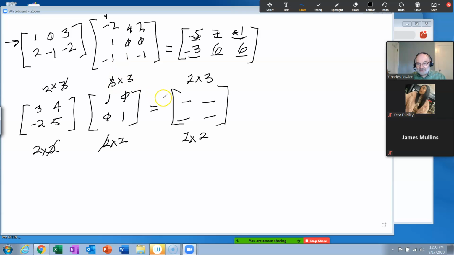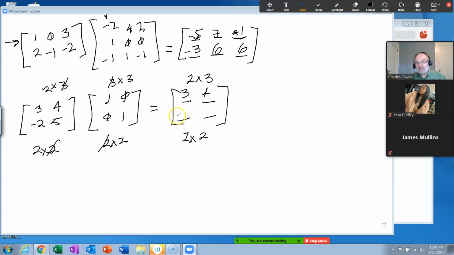All right, first entry here, the 1, 1 entry. We take the first row of this one by the first column of that one. That's 3 times 1 is 3, plus 4 times 0, that's 0, so that just gives us a 3. The 1, 2 entry here, first row again, by the second column here, 3 times 0 is 0, plus 4 times 1 is 4.